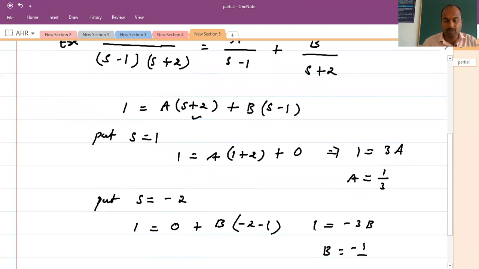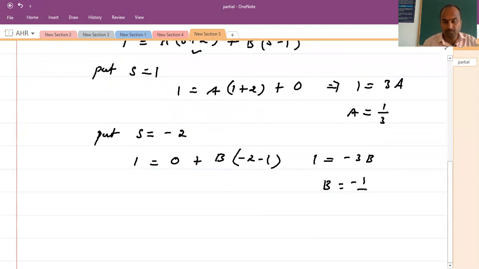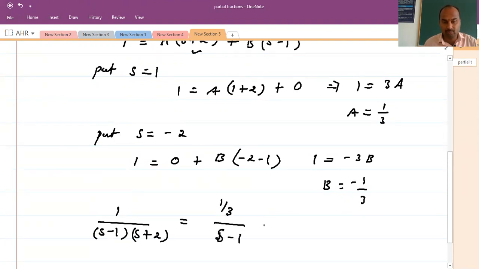Minus 1 by 3. So 1 by s minus 1 into s plus 2 is, a is 1 by 3, so 1 by 3 by s minus 1, and minus 1 by 3 by s plus 2.